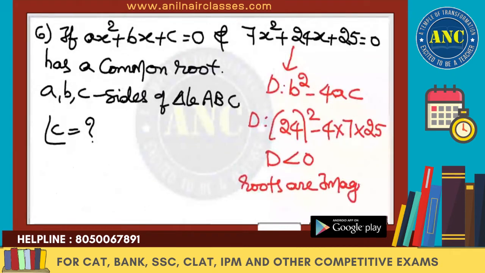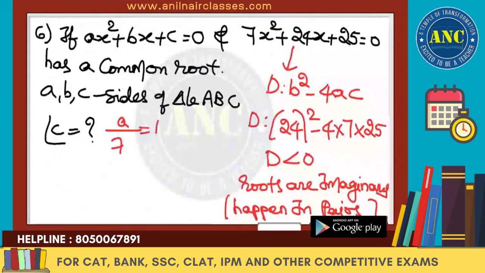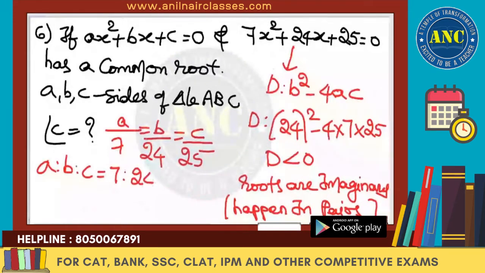Imaginary roots always happen in pairs. So a by 7 equal to b by 24 equal to c by 25. That means a is to b is to c is 7 is to 24 is to 25.